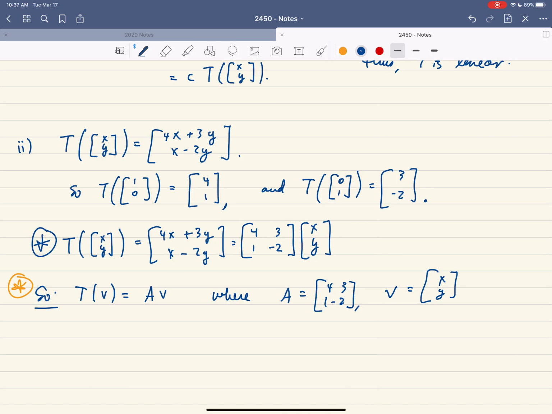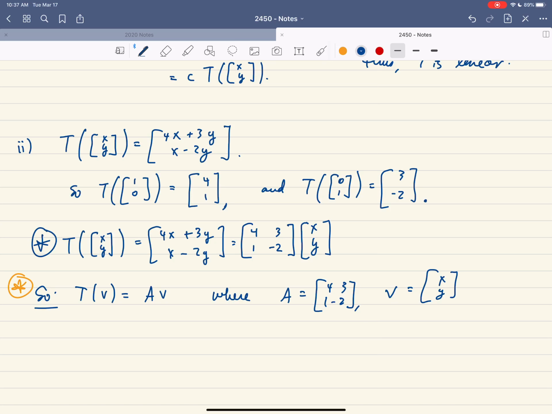Okay, this is a nice way to represent this linear transformation. It turns out that the transformations that you can write as matrix multiplication are exactly the linear transformations. Not only is it true that every linear transformation you can write as a matrix, but every matrix multiplication transformation like this is also linear.